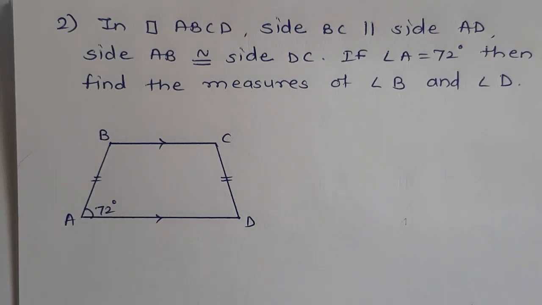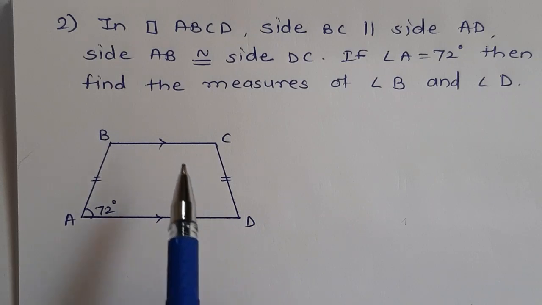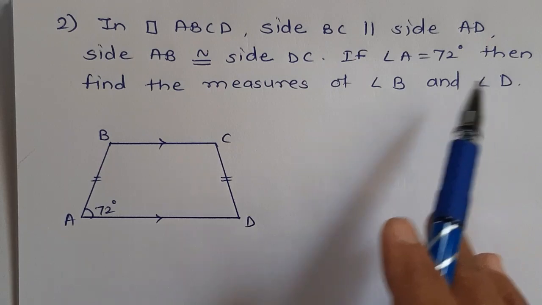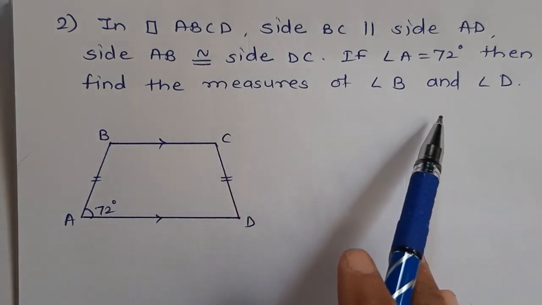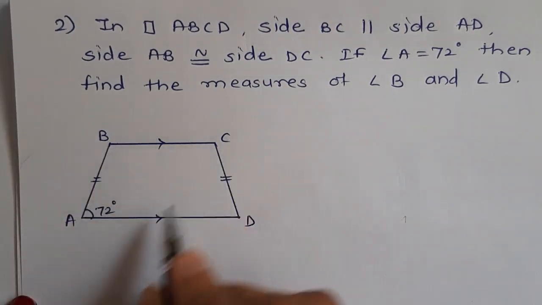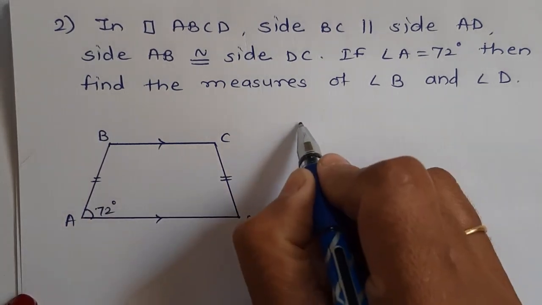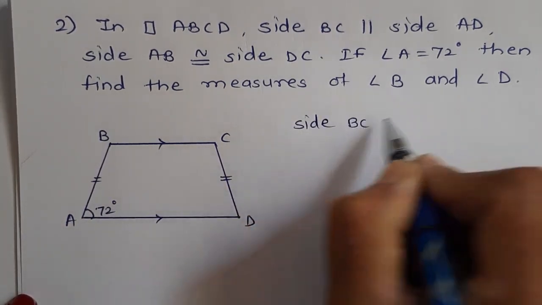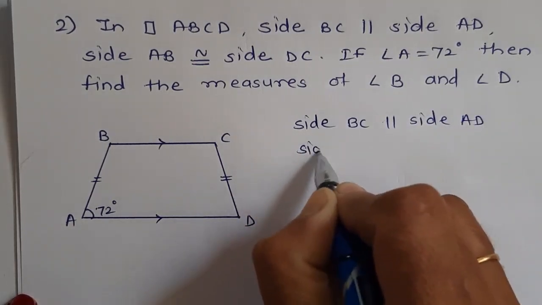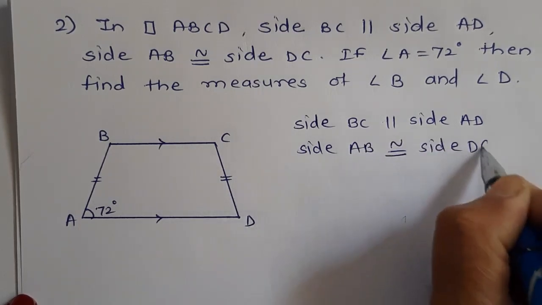See the second example. In quadrilateral ABCD, side BC is parallel to side AD, side AB is congruent to side DC. If angle A equals 72 degrees, then find the measure of angle B and angle D. Look at the diagram. It is given that side BC is parallel to side AD and side AB is congruent to side DC.